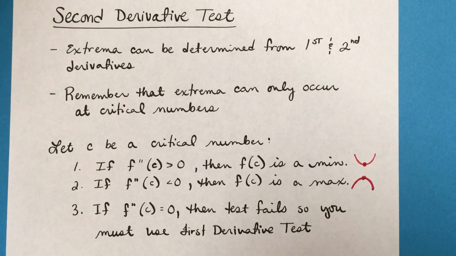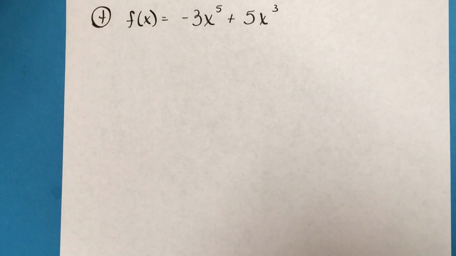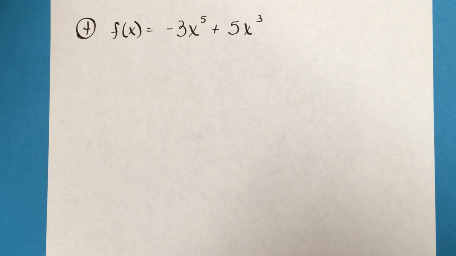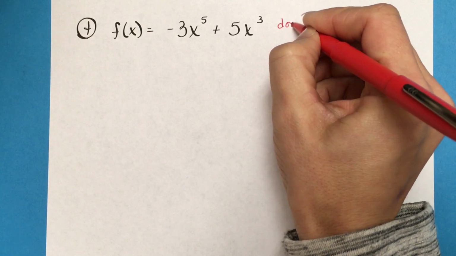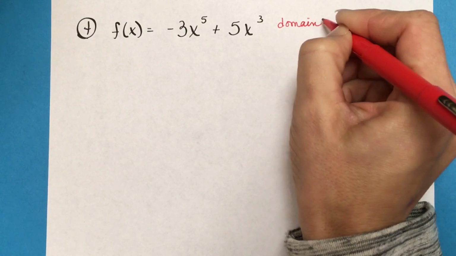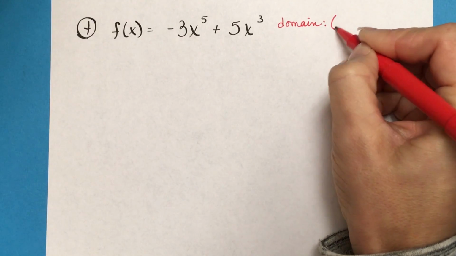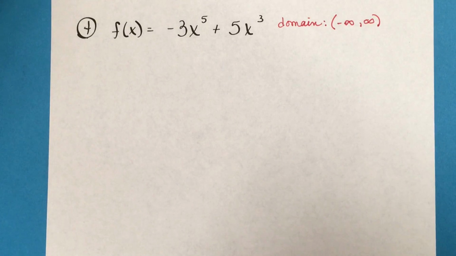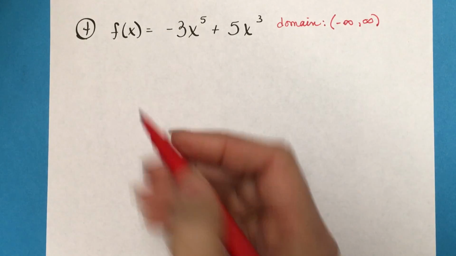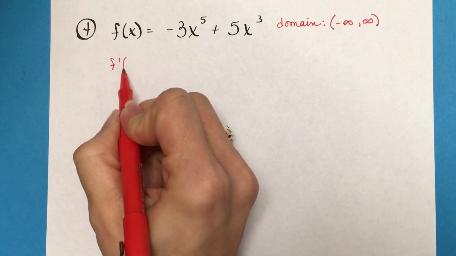All right, so here's the example we're going to look at. Okay, so first of all, let's talk about domain. And this is a polynomial. Therefore, our domain's negative infinity to positive infinity. We're not going to have anything left out that we have to worry about. Okay, first derivative.